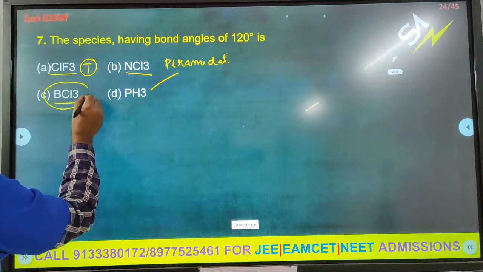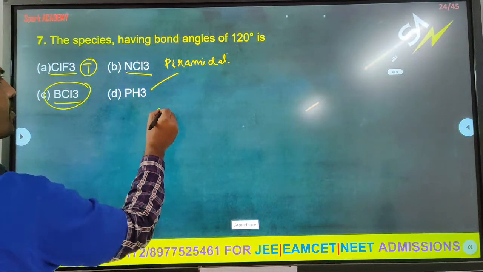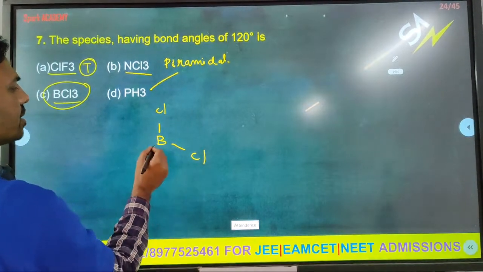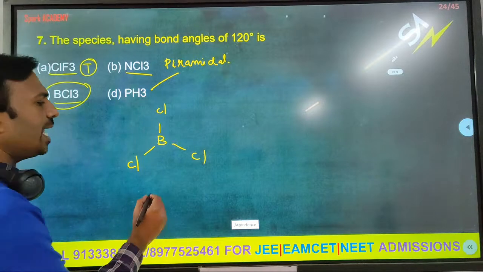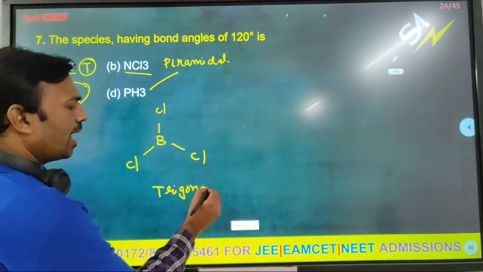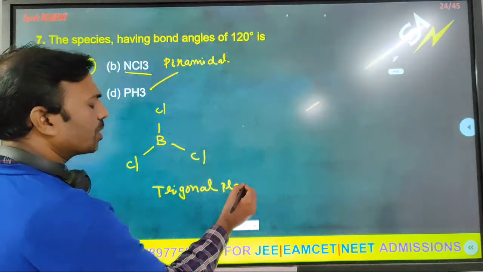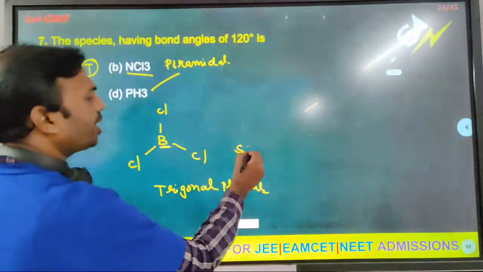Now what about BCl3? In BCl3, boron is the central atom, with three chlorines. So the shape is trigonal planar, and the hybridization is sp2.